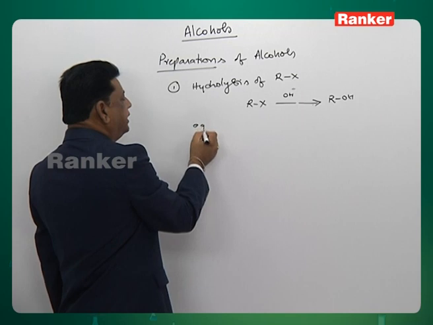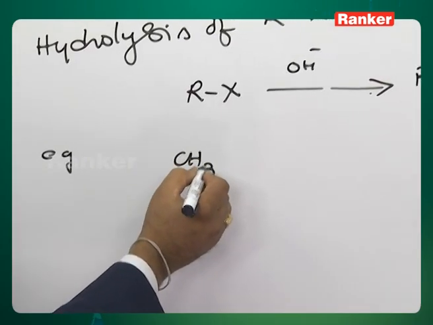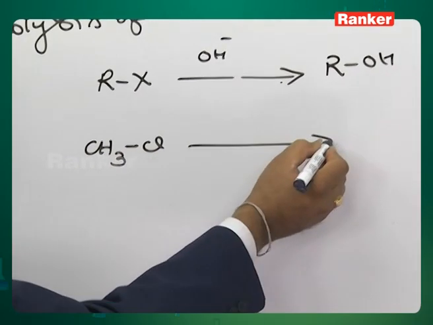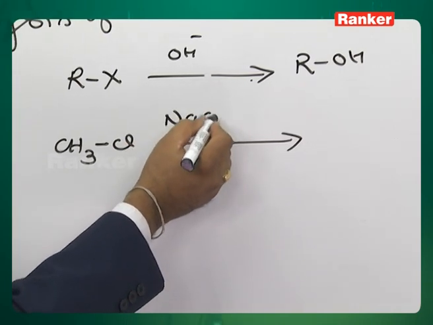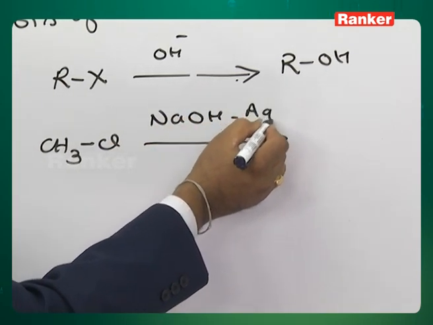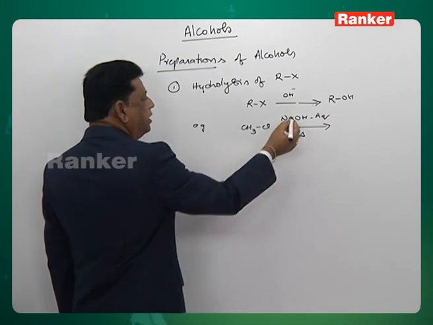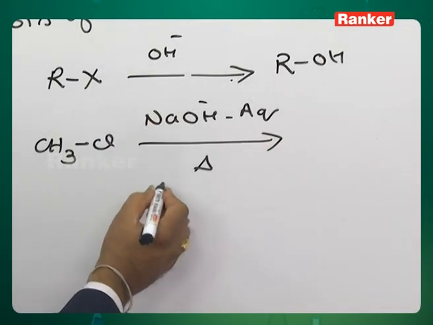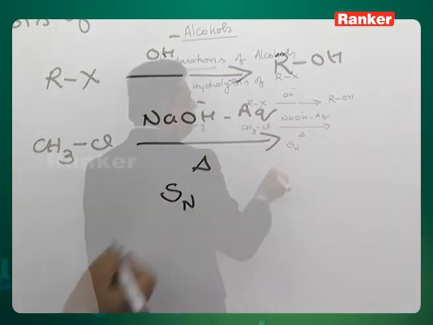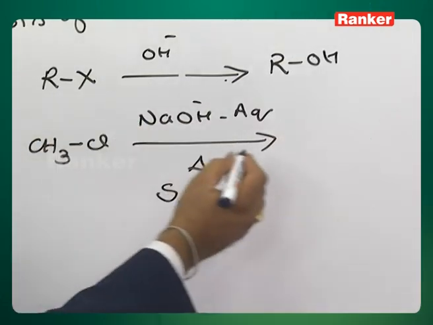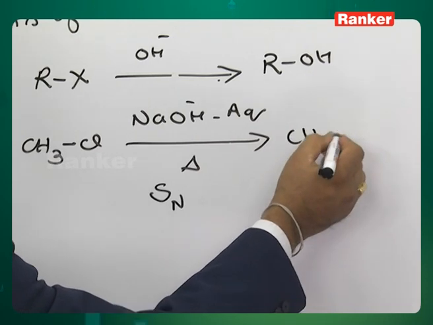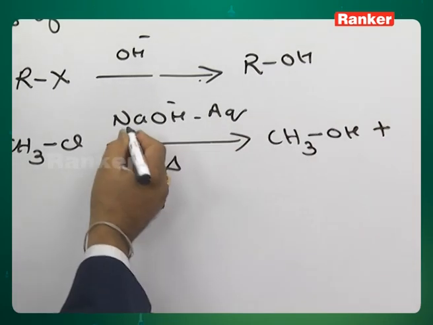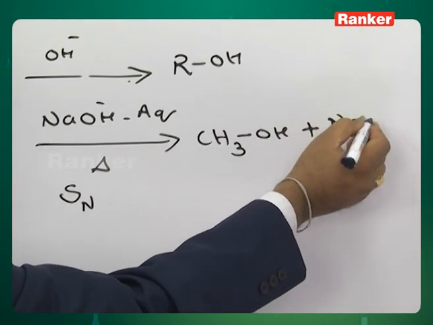An example you may take is methyl chloride, on reaction with sodium hydroxide in aqueous solution, just boil for some time. The OH will replace the Cl, and this happens to be a nucleophilic substitution reaction where OH is replacing and you are getting methanol. And the Na and the Cl will become the byproduct NaCl.